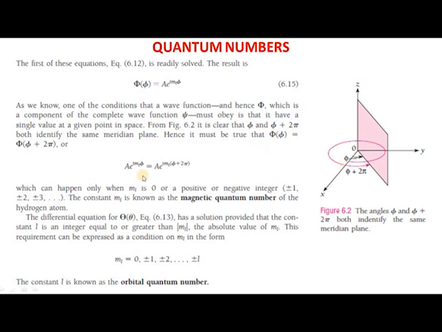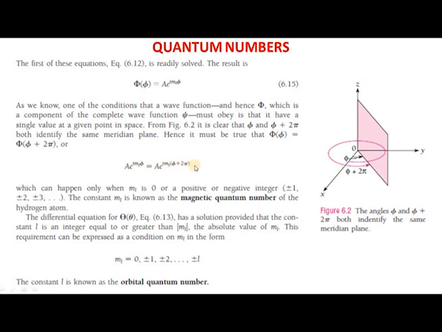It is clear that phi and phi plus 2 pi both identify the same meridian plane, and hence I can write phi of phi is equal to phi of phi plus 2 pi. Phi plus 360 degrees yields the same position again, since the variation of phi is from 0 to 2 pi. So I can write a e raised to i ml phi is equal to a e raised to i ml into phi plus 2 pi.